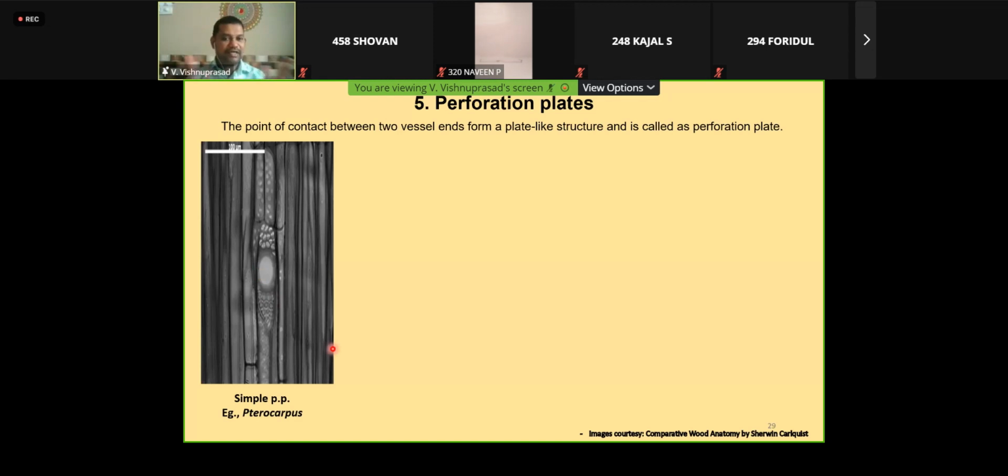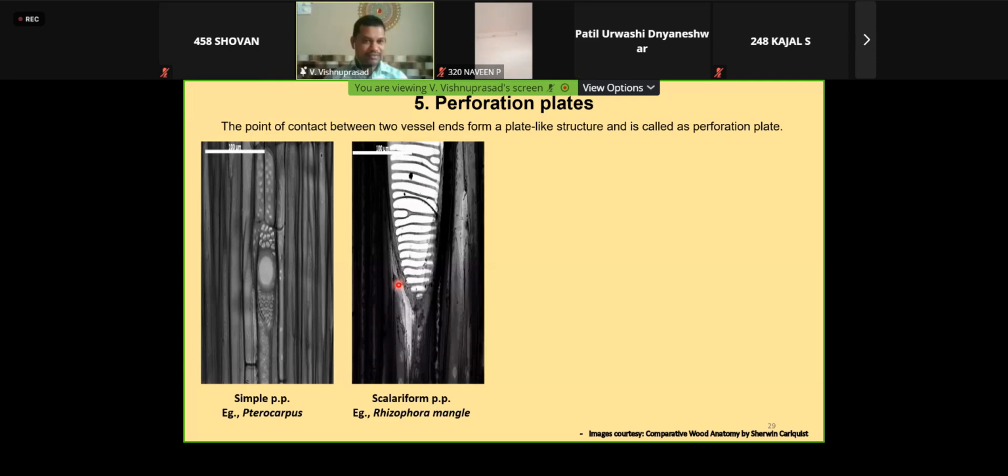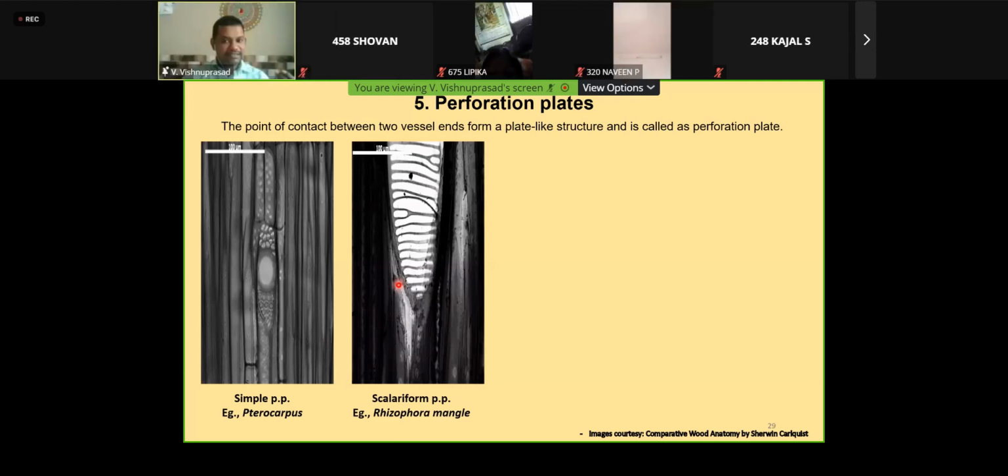The word reticulate is very commonly known. It's like a networking pattern. So here you are able to see a network-like pattern in the perforation plate. And then you can see this is called foraminate perforation plate. Foraminate means simply like small sieve pores. You'll be able to see it like that. So perforation plates are of 4 different types.